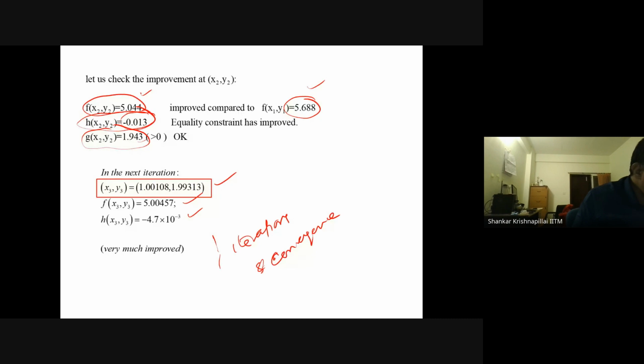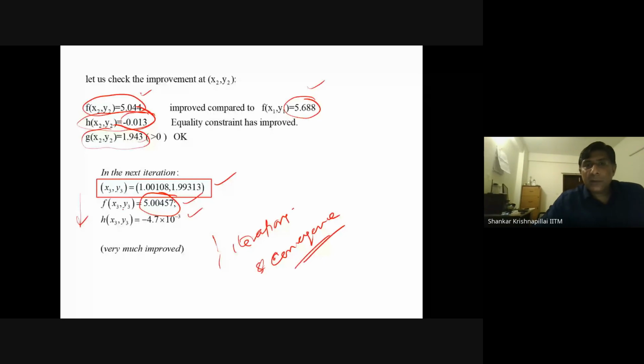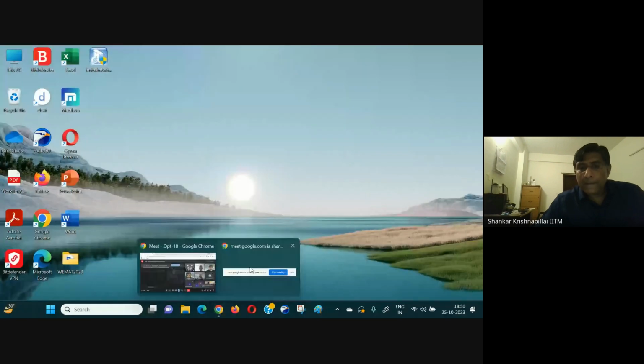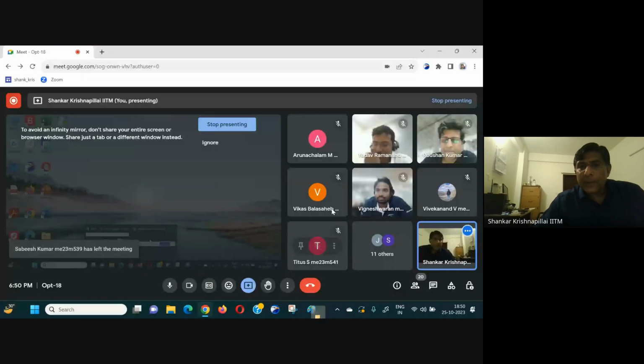We are going on the right track because successively we are getting improved values of the objective function. Okay, we can stop here.